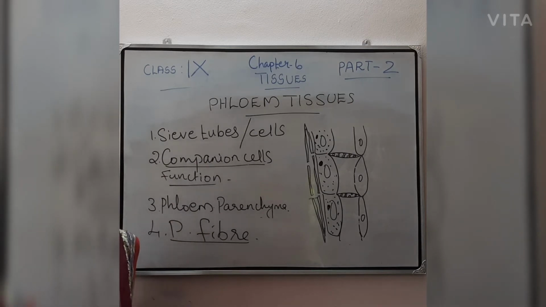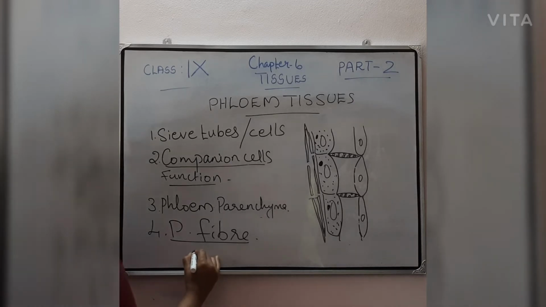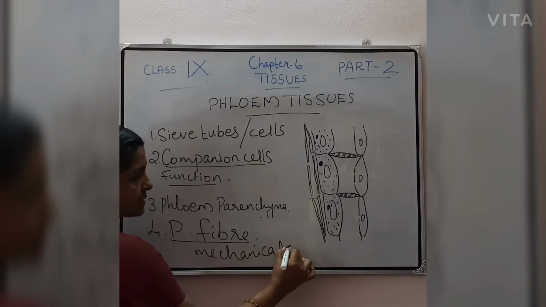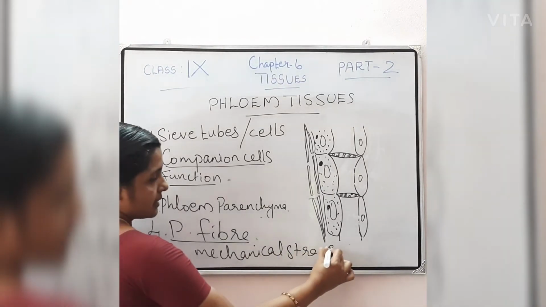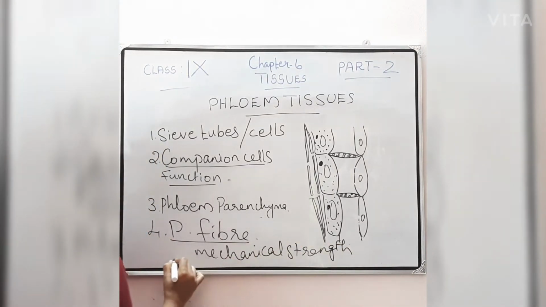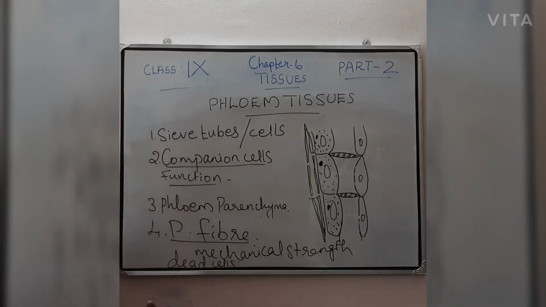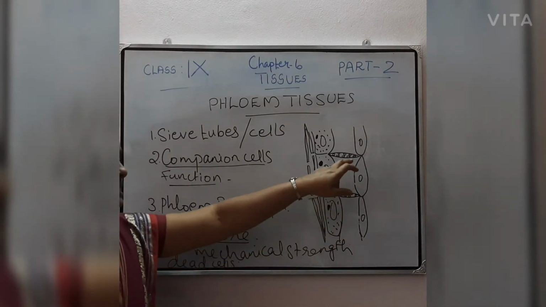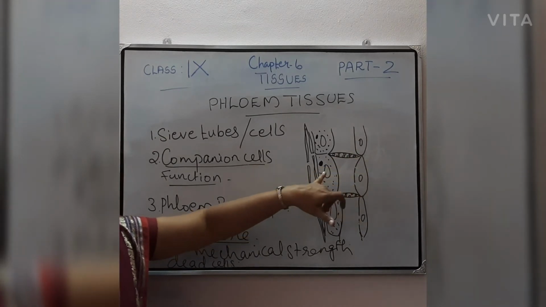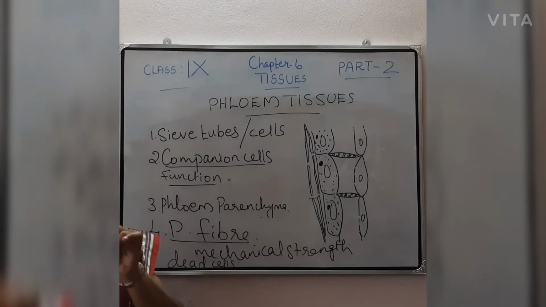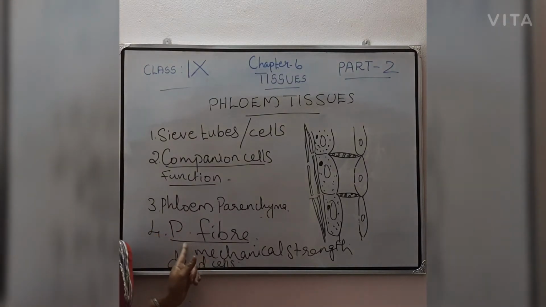The wall is made up of a material called lignin, and its function is to provide mechanical strength. These cells are dead cells. All other elements, that is sieve tube, companion cells and phloem parenchyma, are living cells. Only one is dead. Which one? Phloem fiber is a dead cell.